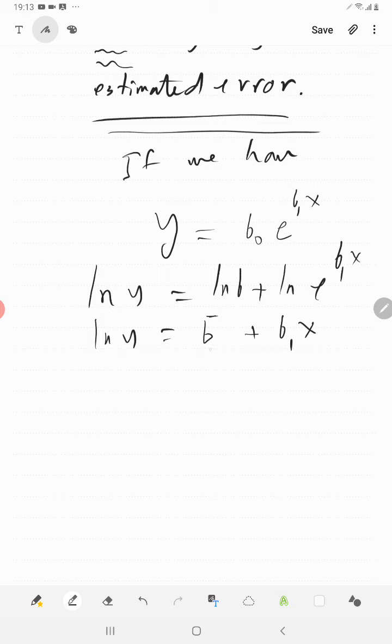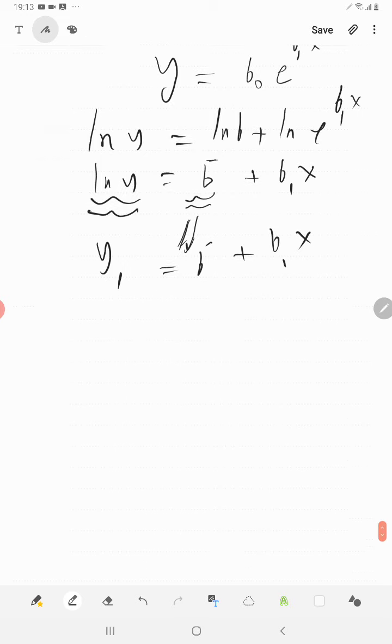So if we use a new vector, say y1, equal to ln y, then y1 equals b bar plus b1 x, and we estimate it as a linear function. But we don't use y, we use ln y. We name it y1, and b bar is equal to ln b naught.